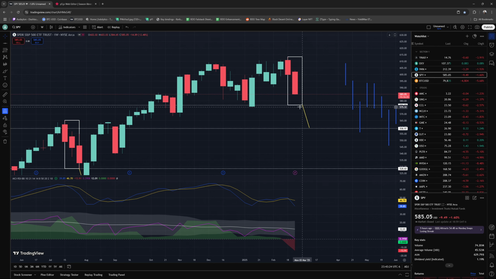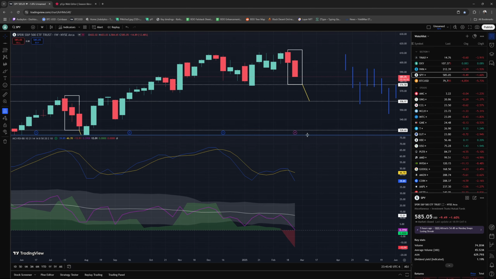This is not a prediction. This is just analyzing where the price could be in the future and reacting accordingly, and using our signals to not predict but to react to price movements.